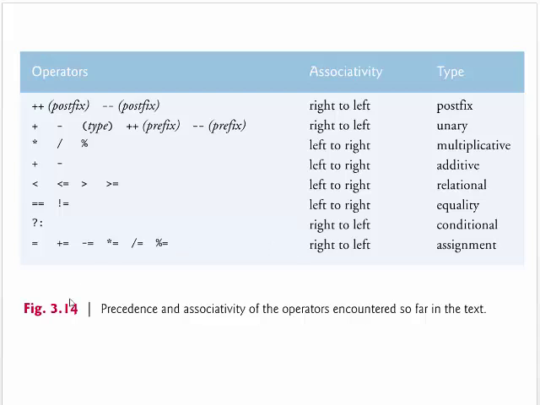The last thing performed in a particular line of code will be the assignment, one of these assignment operators. But things like incrementing and decrementing a particular variable occur before these other operations.